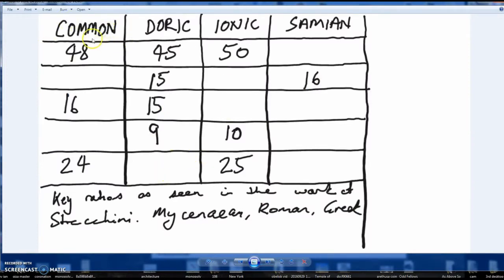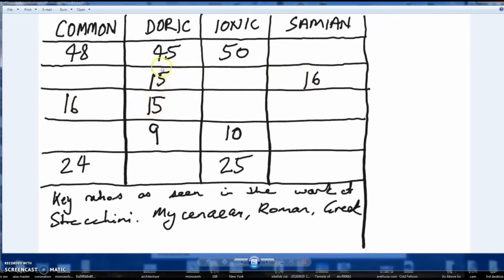Here's just a rough chart. You can see common, Doric, Ionic, and Samian, and I'll explain that in a moment. We can see that 48 common feet, as we marked out for the Parthenon, is 45 Doric or 50 Ionic. So we get a basic conversion. We'll explain this later, but already, 16 common is 15 Doric.